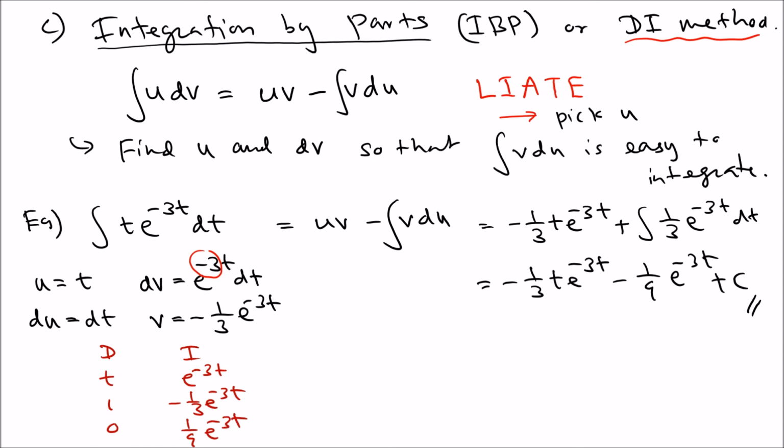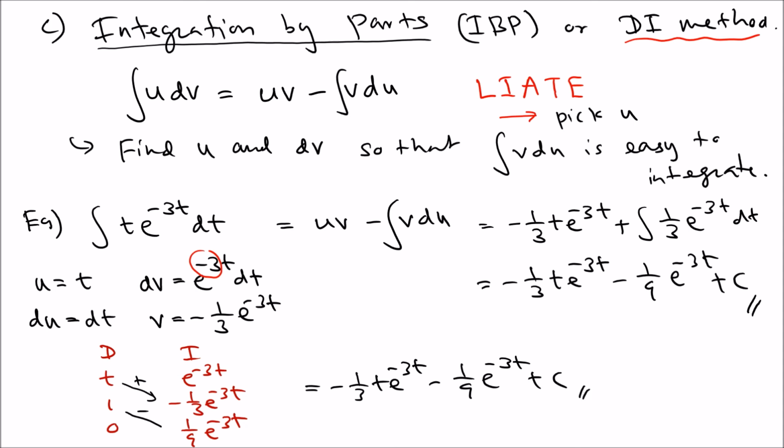And then what's going to happen is plus and minus signs, and then we multiply. According to this pattern, you multiply with this sign, so it's negative 1/3 t e^(-3t), and then the next one is negative 1/9 e^(-3t) plus c.